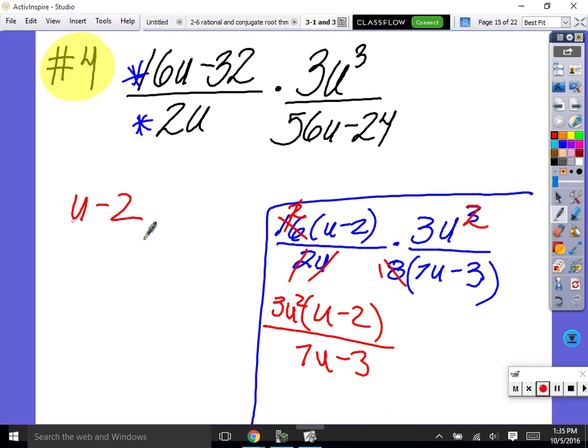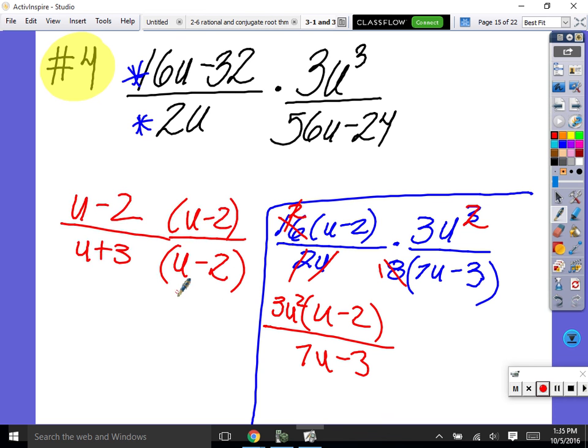Everybody look, if I have u minus 2 over u plus 3 times u minus 2 over u minus 2, let's see, this is a bad example. I got asked a question: can you divide out this u minus 2 with this u minus 2? They're not being divided, right? But those two could divide. But those aren't divided right there. Does everybody understand that? Okay, awesome.